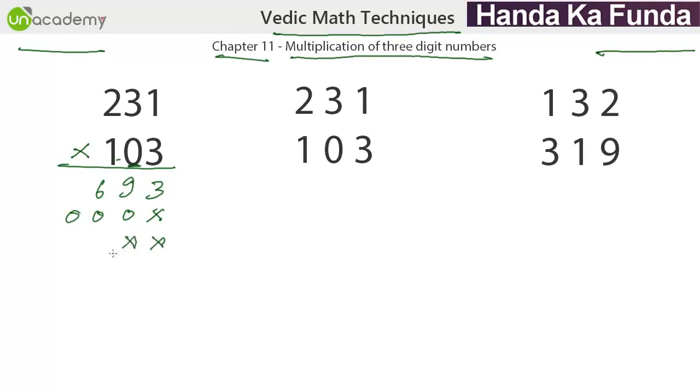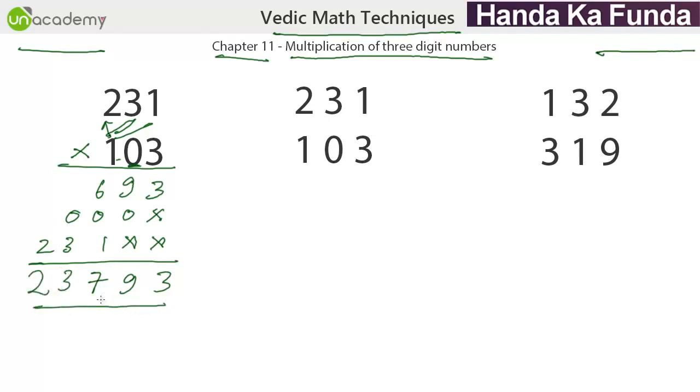Then you will put 2 crosses next to it and multiply the 1 with the 3 remaining digits, which will give you 2, 3, 1 again. And to get your final answer, you will add the 3 rows that you have generated, which will give you 3, 9, 7, 3, 2. And this will be your final answer.